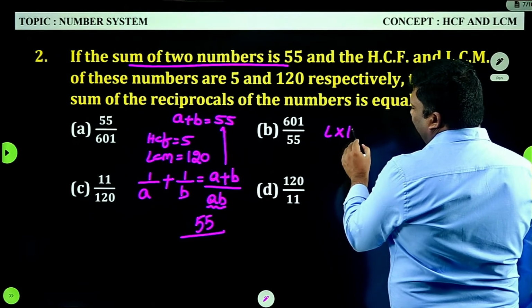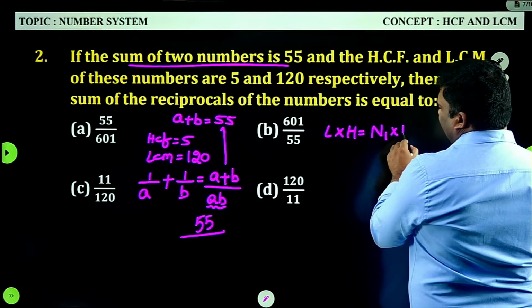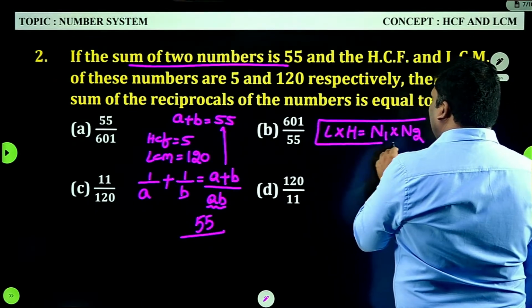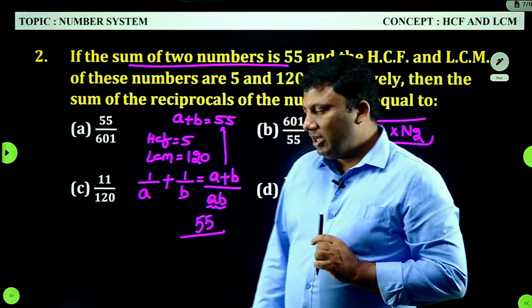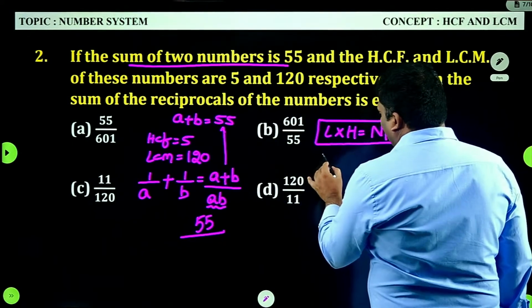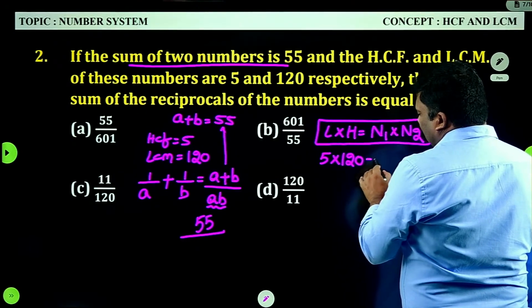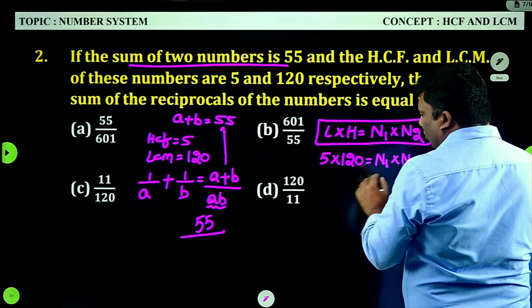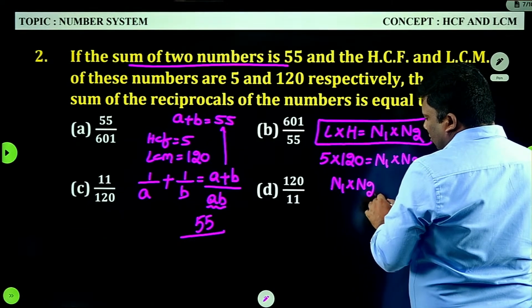There is a beautiful concept. The product of LCM and HCF is N1 into N2. The product of any two numbers is LCM into HCF. So 5 into 120 is equivalent to N1 into N2, which is 600.